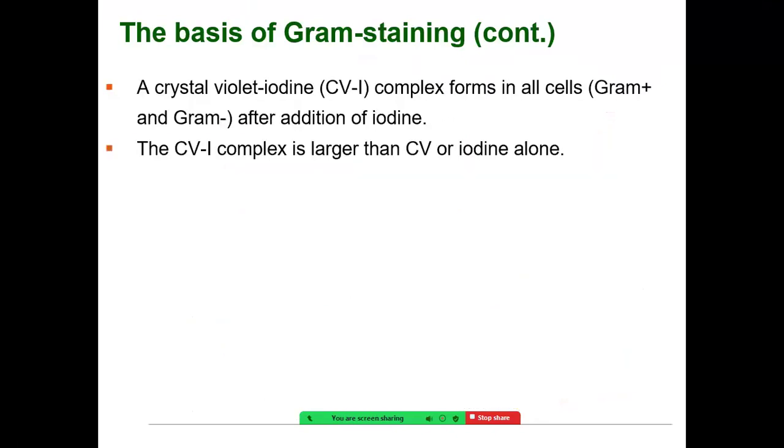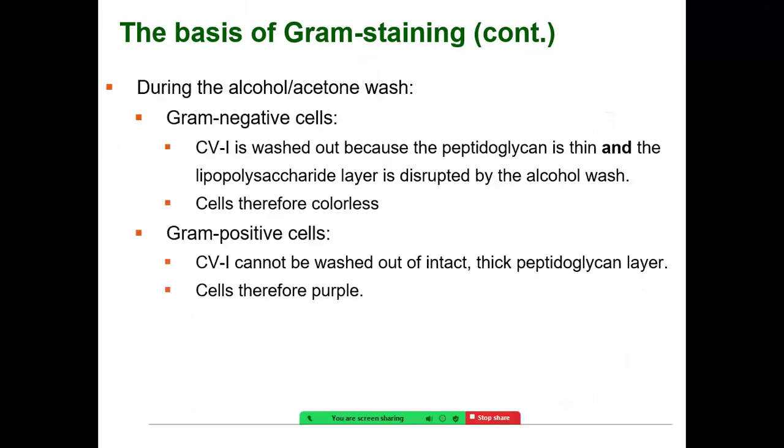So the crystal violet iodine complex forms in all cells, both gram-positive and gram-negative. The crystal violet iodine complex is larger than crystal violet or iodine alone. During the alcohol acetone decolorizing step, the gram-negative cells have the crystal violet iodine wash out of the thin peptidoglycan layer.